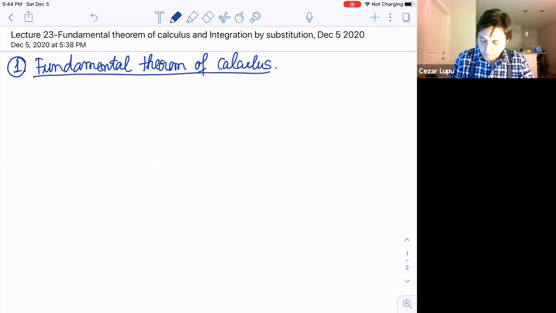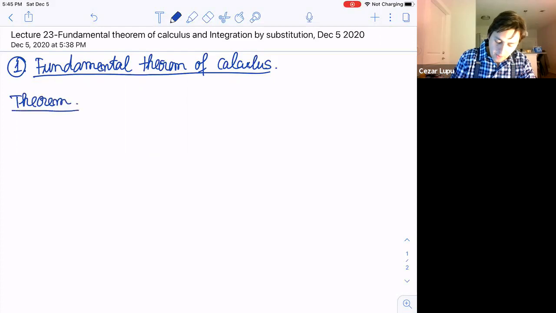We'll be talking about this in the first part, and we'll see, like I said, a bunch of applications. And let me just say it directly. So we have the following theorem, which basically says the following.